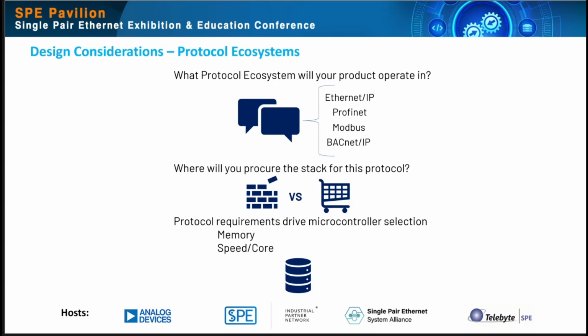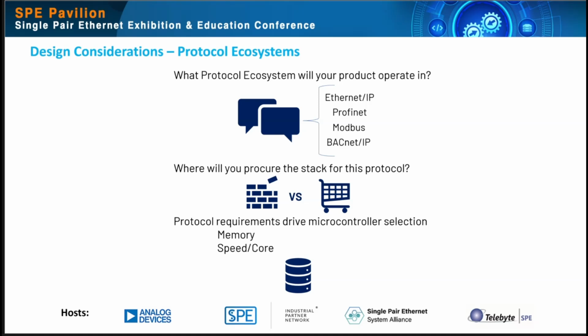So now you've picked your architecture for your device, you've decided where you're going to install it, and you're thinking, how are you going to communicate in that system? This is where industry will make some of these decisions for us. In industrial automation, we see many common protocols being used here, like EtherNet/IP, PROFINET, Modbus, OPC UA, FDX. In the building space, you would hear of BACnet/IP. But you have to think of those protocols, those stacks.